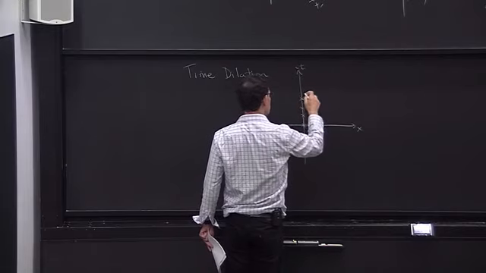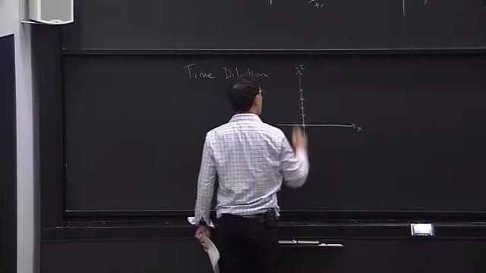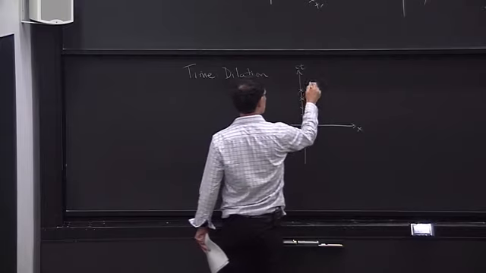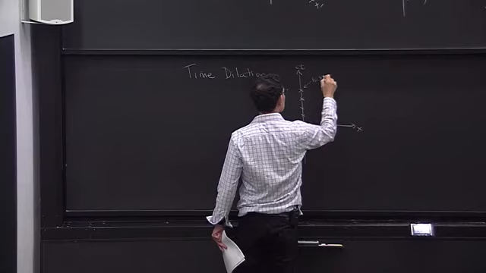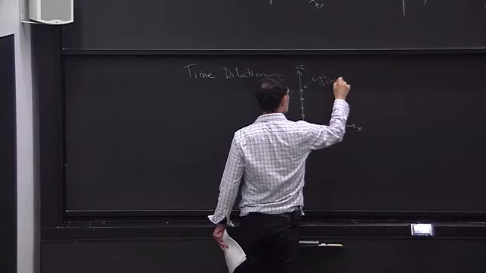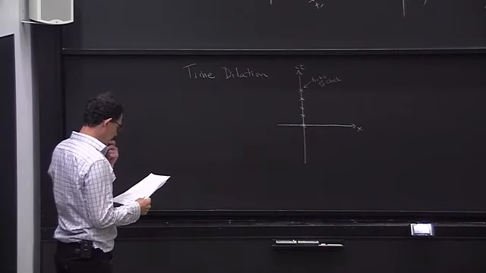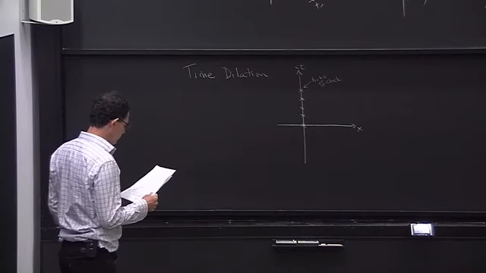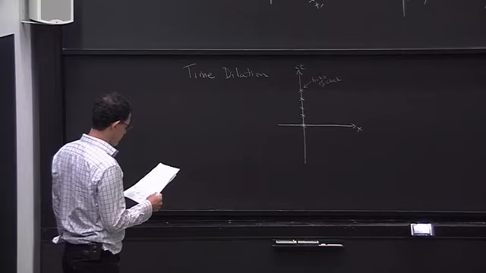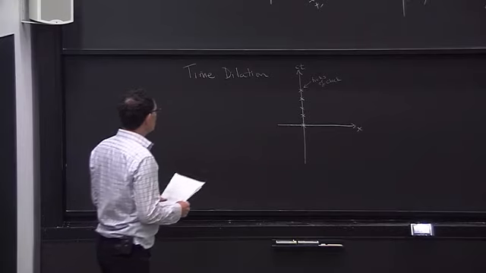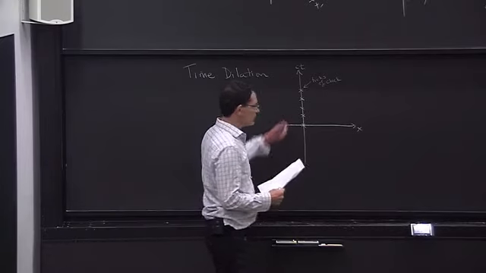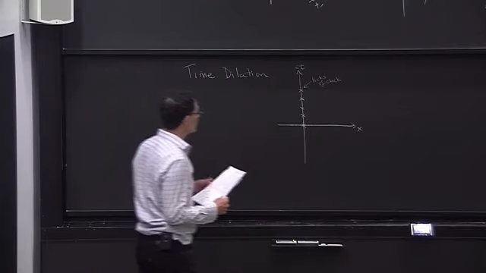That's what the x-ct diagram is. And these are the ticks of the clock. Okay, so that's a picture of a clock in relativity.